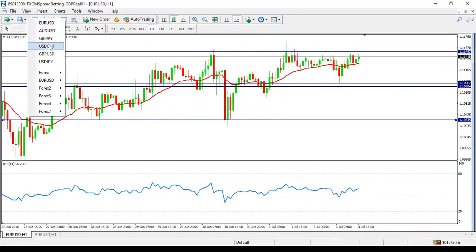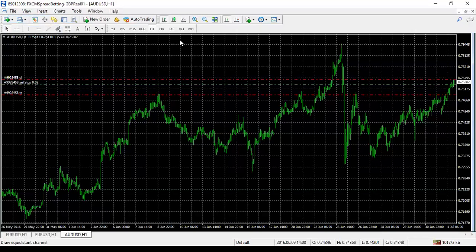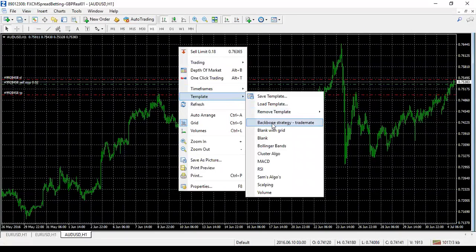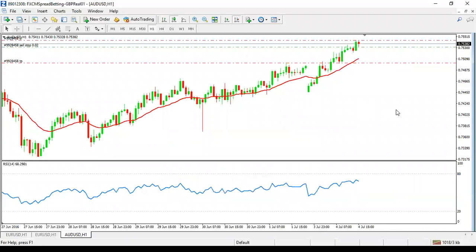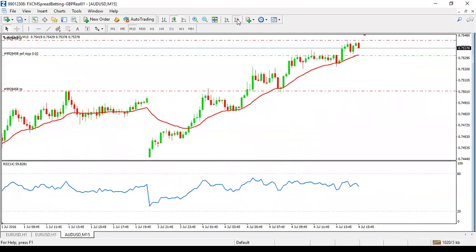So, new chart, USD. This is actually a trade I've got in place at the moment. Done this earlier. This is off the 15-minute I traded this. Still waiting for it to hit. I've been watching it come up, seeing the RSI go up, up, up.